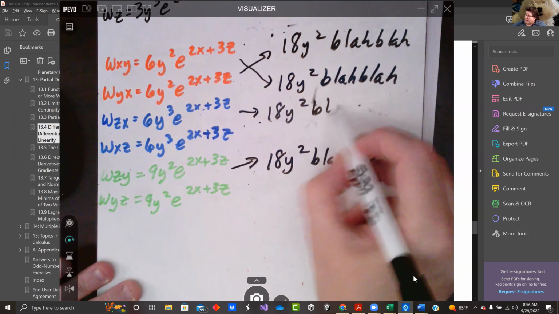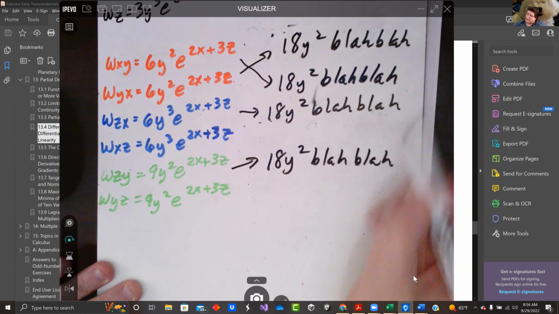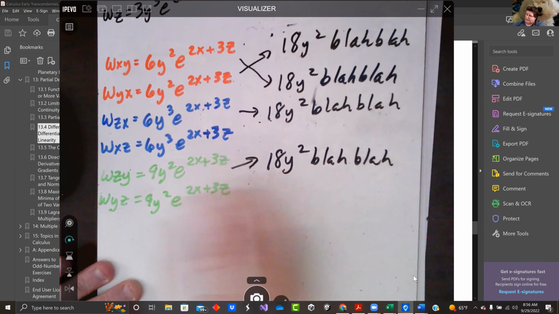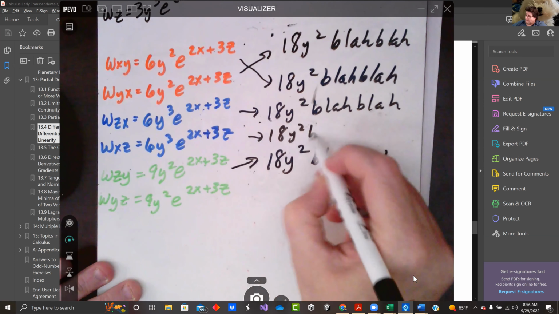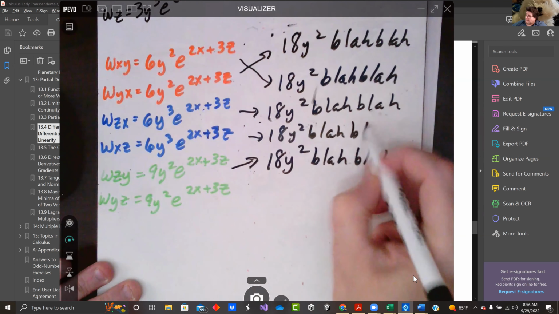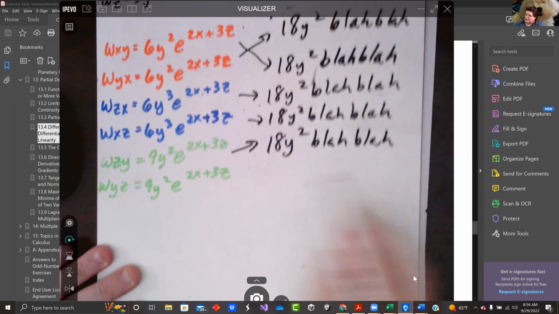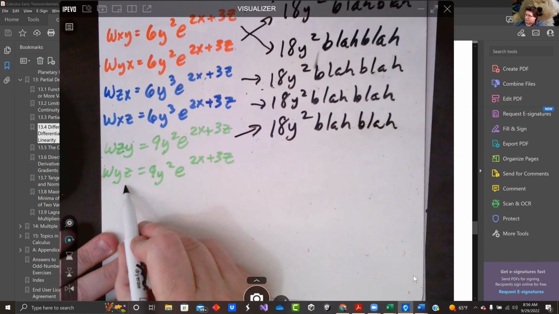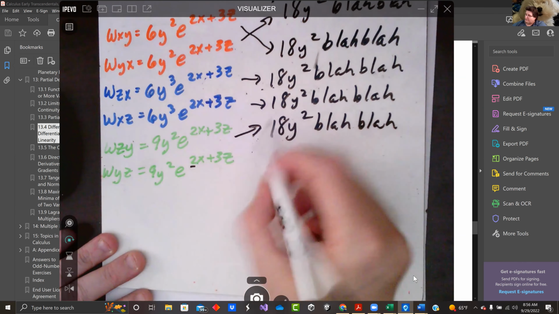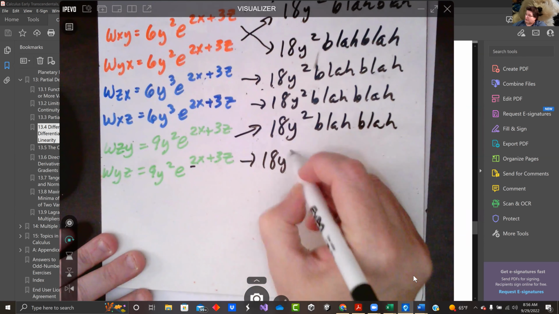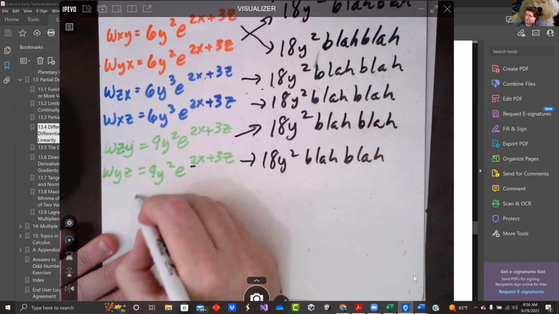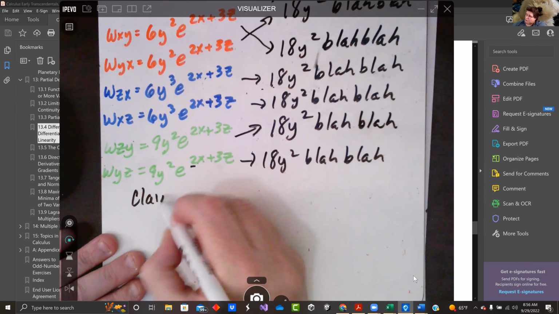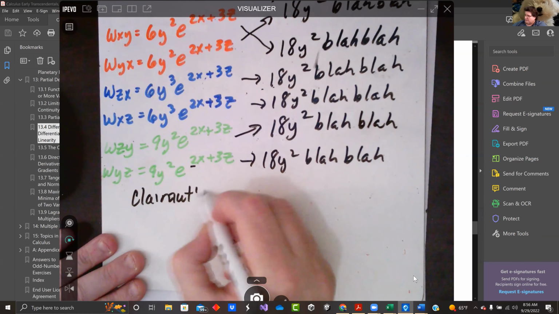We still have blah blah. And wxyz, we know that's the same, blah blah. And if we do this one with respect to x, we bring the 2 down, and we've got another 18y squared blah blah. So it looks like Clairaut's extends to mixed partials of 3 derivatives.